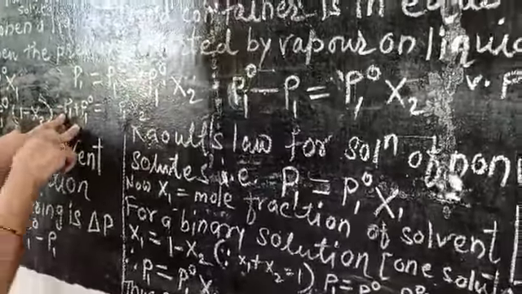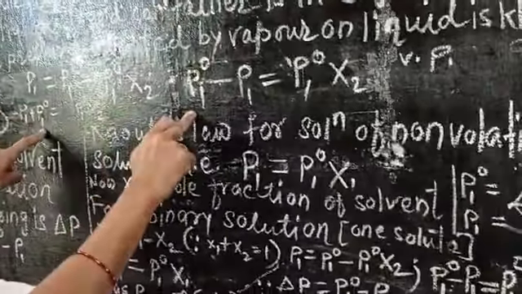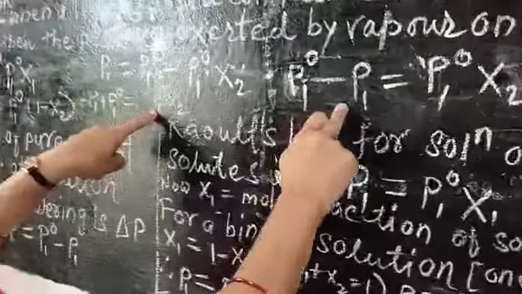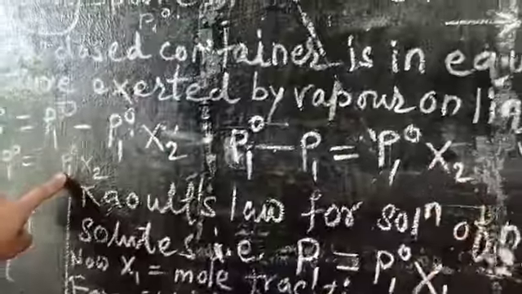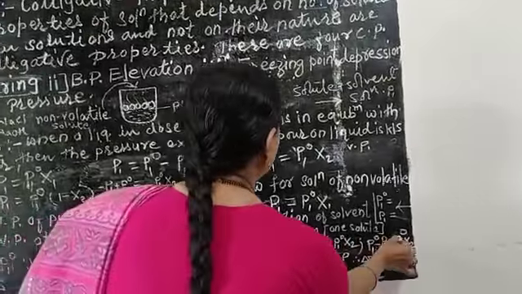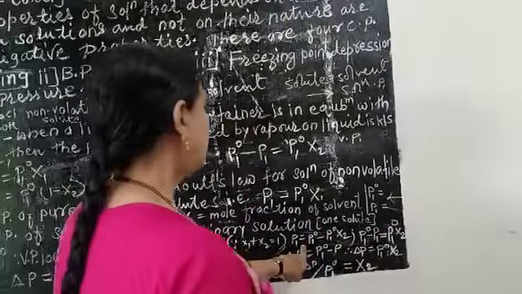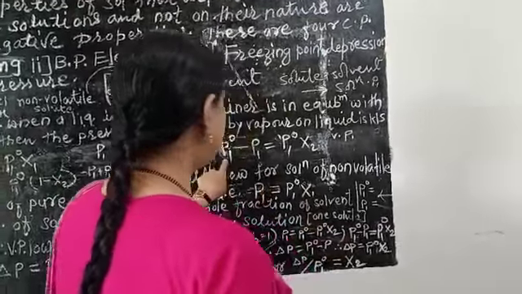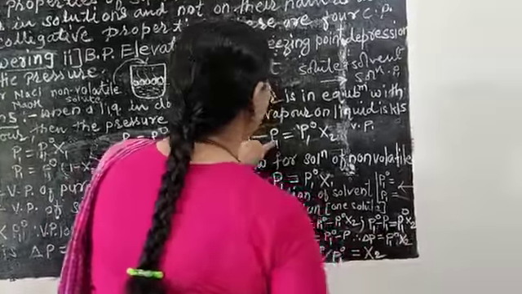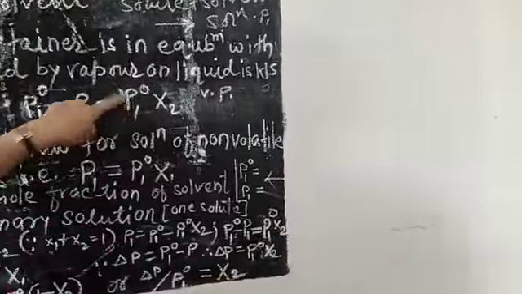So just by rearranging, I have written here P01 minus P1 is equal to P01 into X2. Okay. Just by rearranging, you can write this equation P01 minus P1 is equal to P01 into X2.